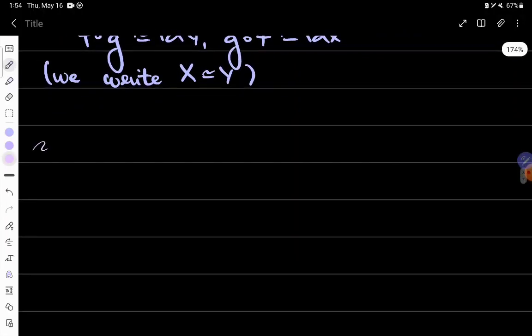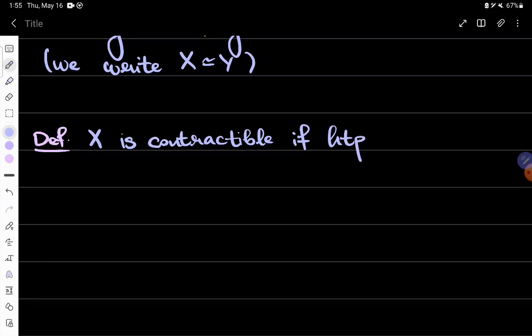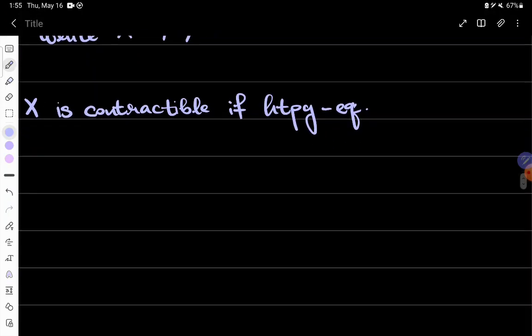So one quick special case of this, which is a condition on a topological space that will be important, we say that a space X is contractible if it is homotopy equivalent to a point.